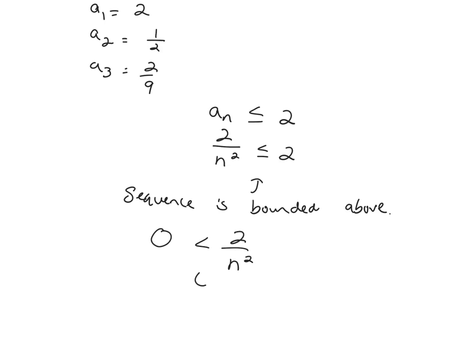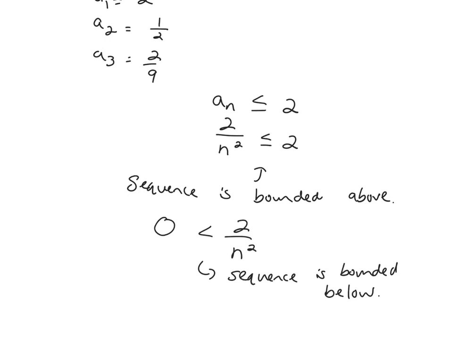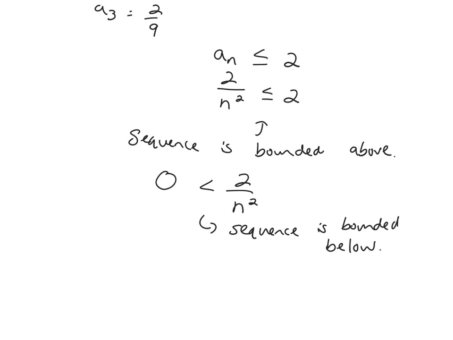And this tells me that my sequence is bounded below as well. Whenever a sequence is both bounded above and bounded below, we call it a bounded sequence. So 2 over n squared is bounded.